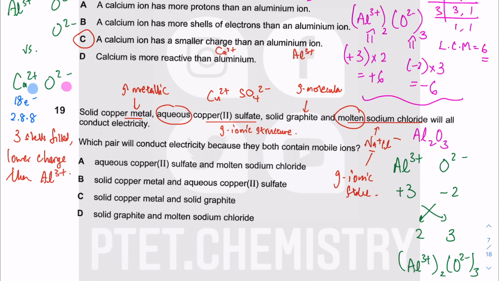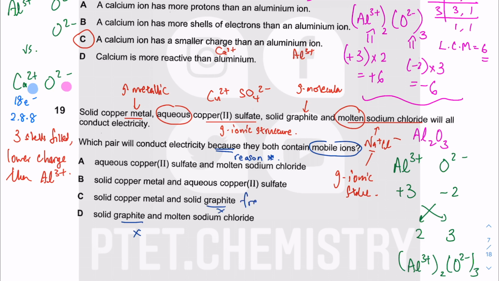So which pair will conduct electricity? Because they contain mobile ions. So we're looking at the reason for why they can conduct electricity. They contain mobile ions. Graphite is to do with electrons, so graphite is definitely wrong.